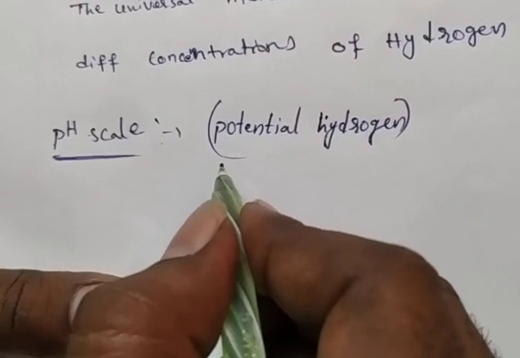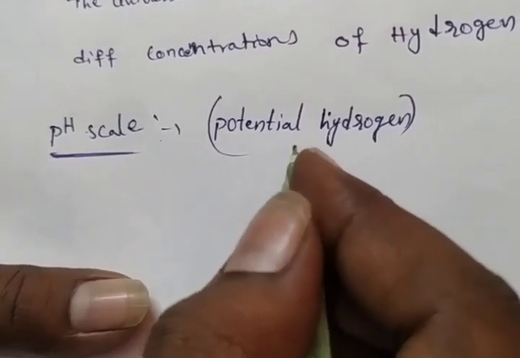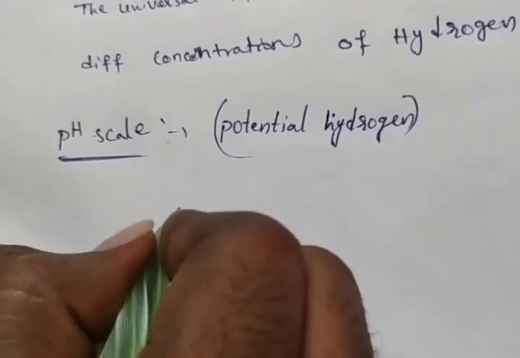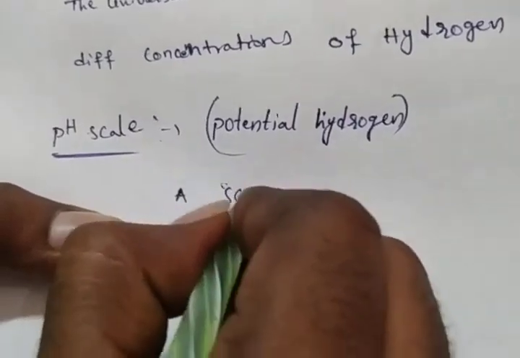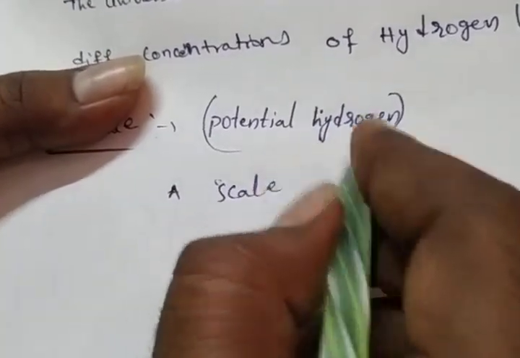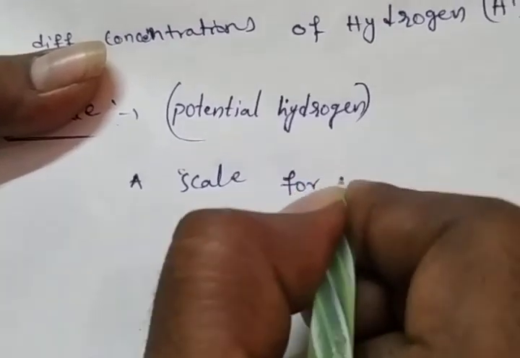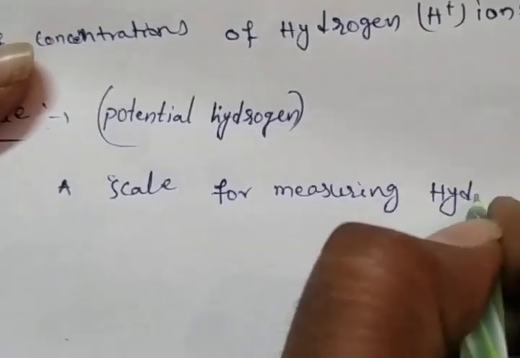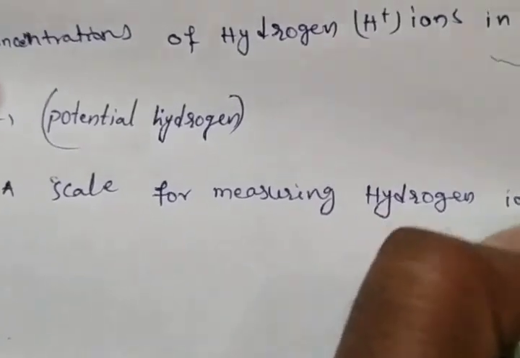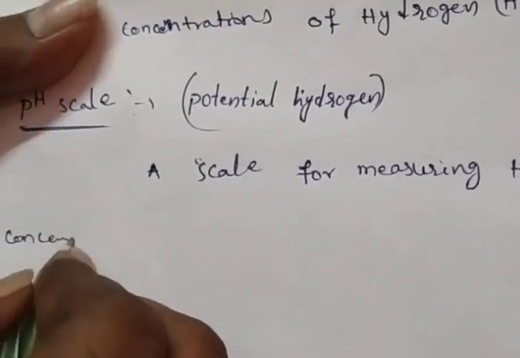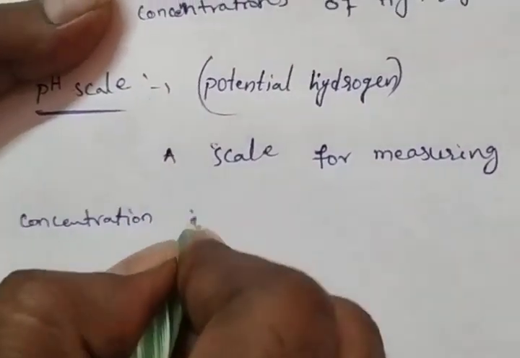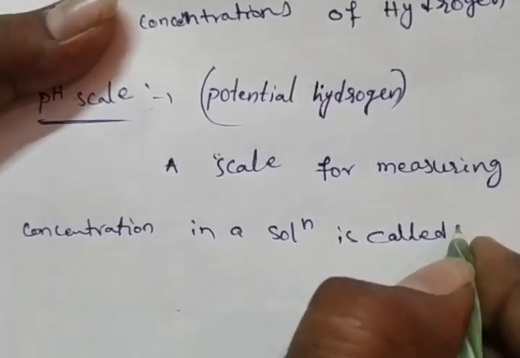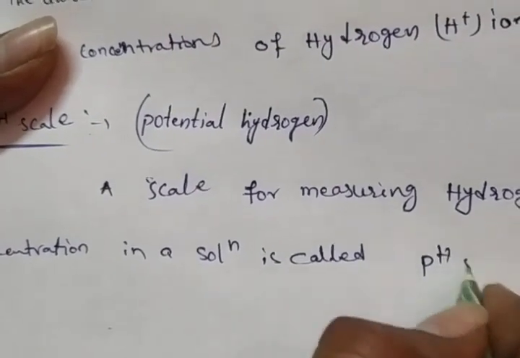By using the pH scale, we can measure the hydrogen ion concentration.